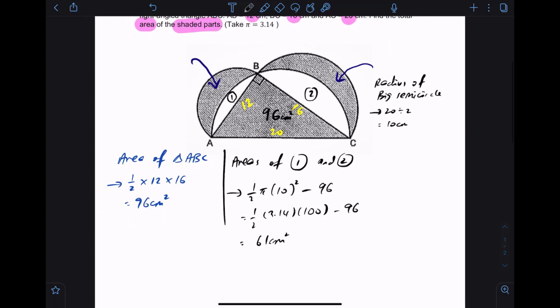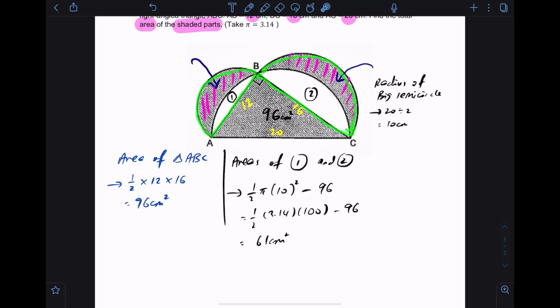Okay, and to find the area of your shaded portions, which is this pink color side here plus here, what we can do, guys, we can find the area of the 2 semicircles. So the small one plus the medium sized one. Once we do that, we don't need these 2 exactly, because we only need the shaded parts.